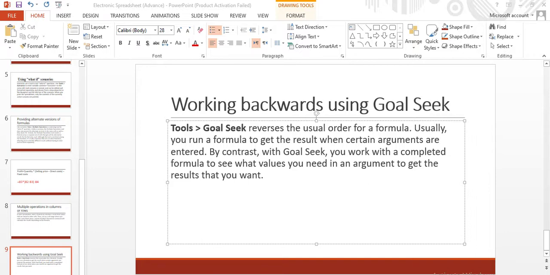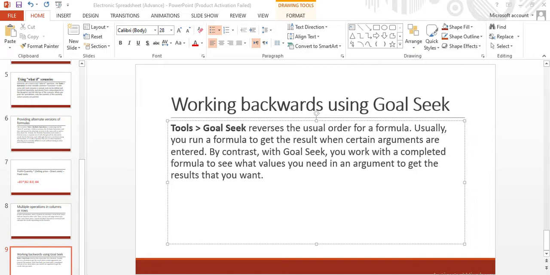Usually you run a formula to get the result when certain arguments are entered. By contrast, with goal seek you work with the complete formula to see what value you need in an argument to get the result that you want.